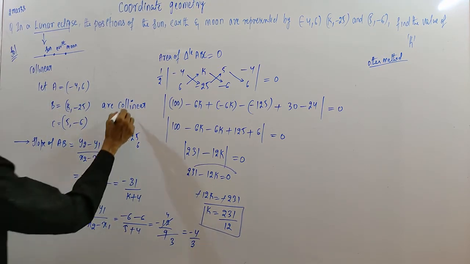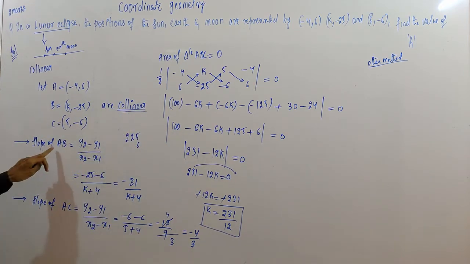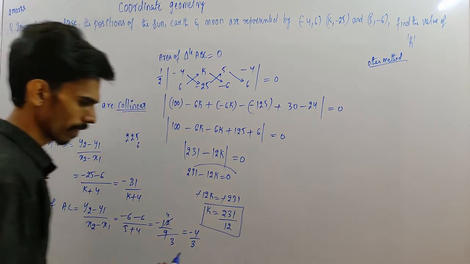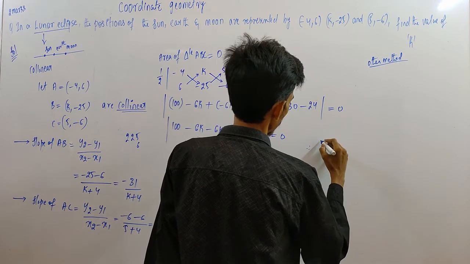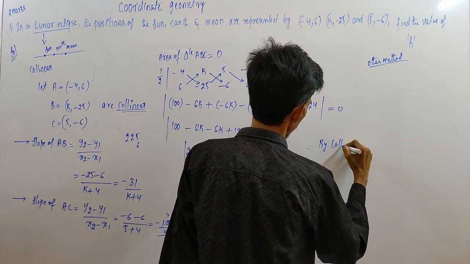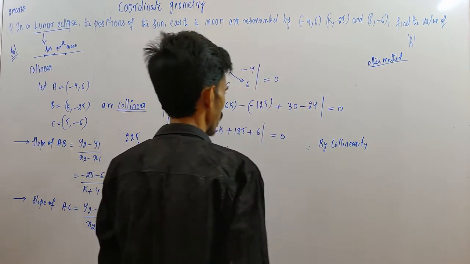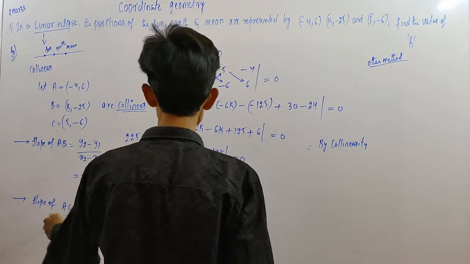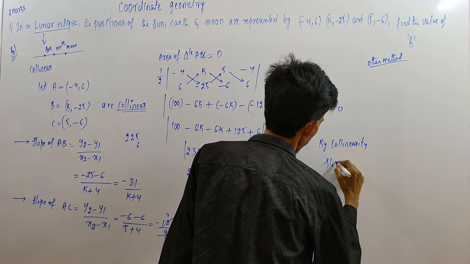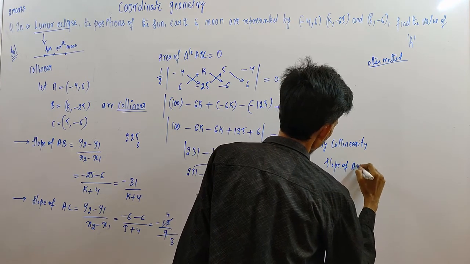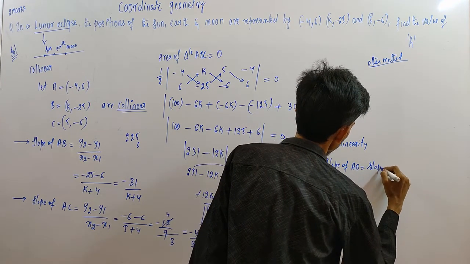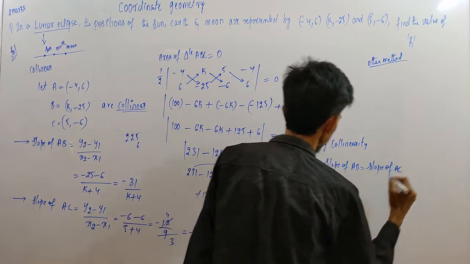Now if these points are collinear, the slope should be the same. By collinearity, slope of AB is equal to slope of AC.